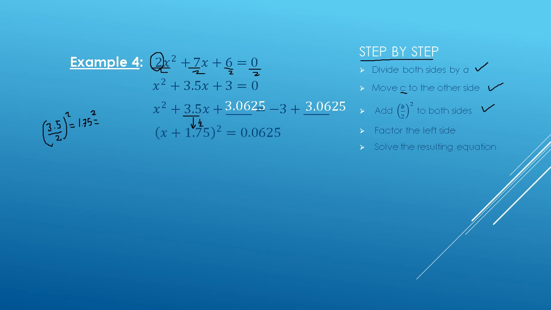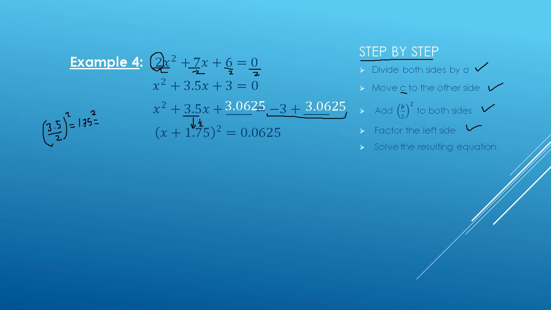Oh, I love it when it works out. Half of 3.5 is 1.75. Even though we can't draw or visualize this square, the calculations are going to make sure that it works out. On the right side, we add those two together, we get this decimal. And so we've factored, and now we just have to solve.